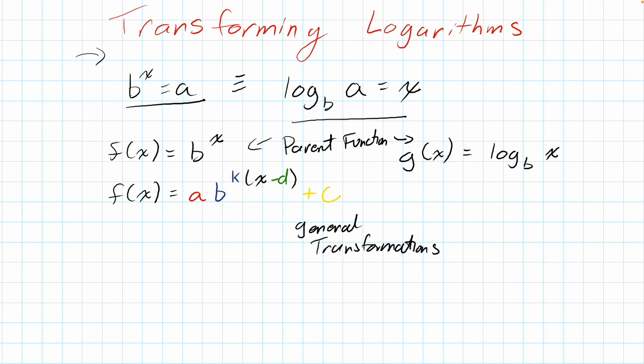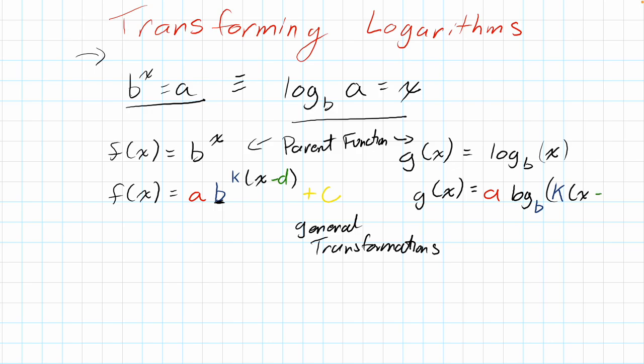For our general transformations, g(x), same idea: we have a vertical stretch and compression on the outside. We end up with log of some base, and the base again stays untouched. We'll just leave it as b. The argument, that's what this part is called, is where you're going to get your k value, and then you have x minus d.